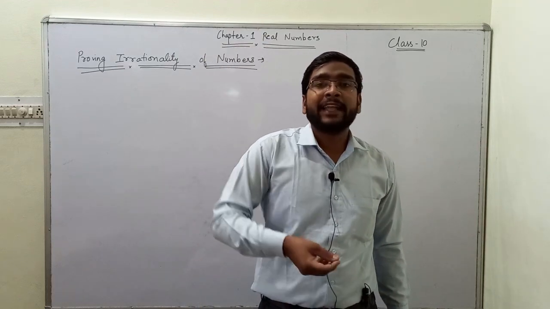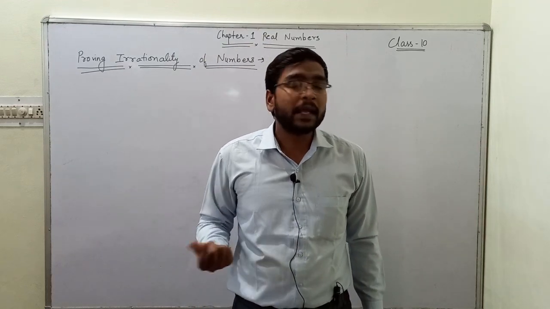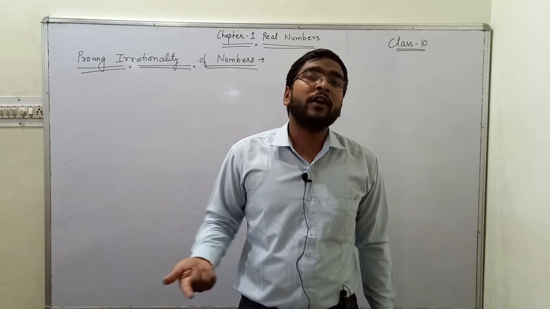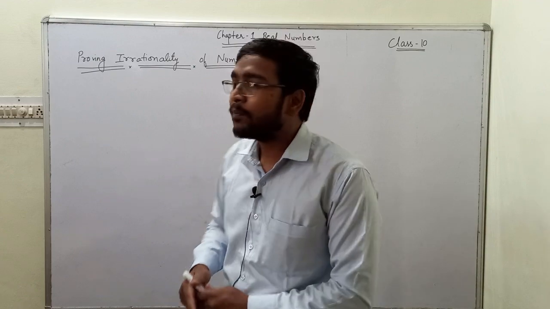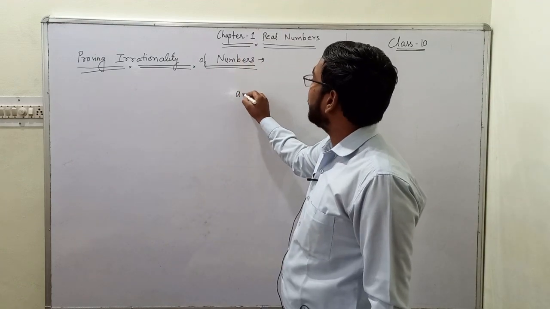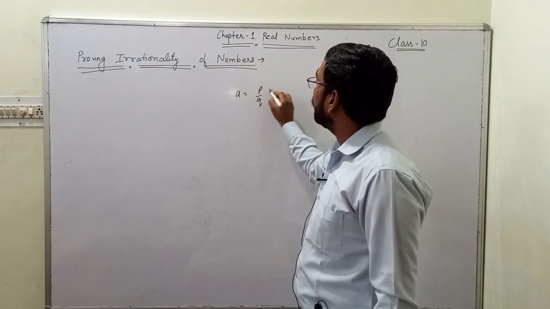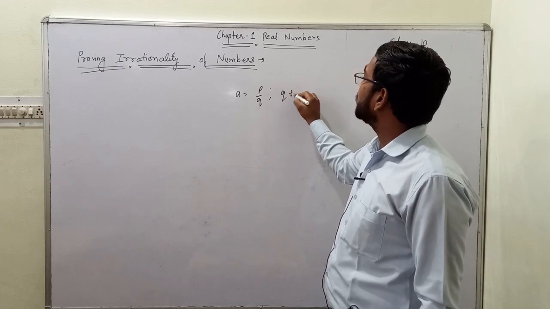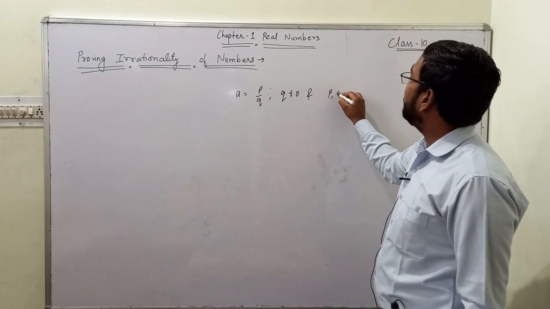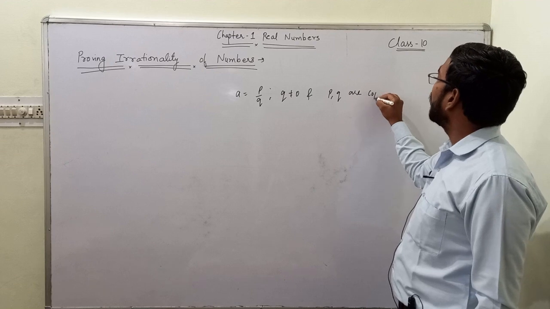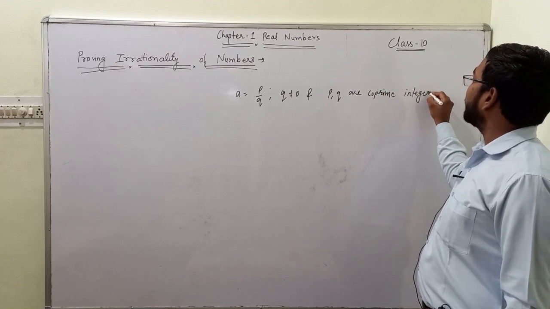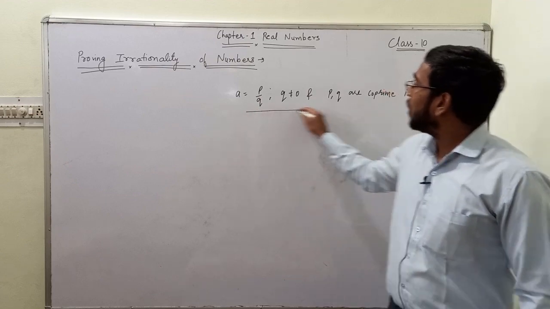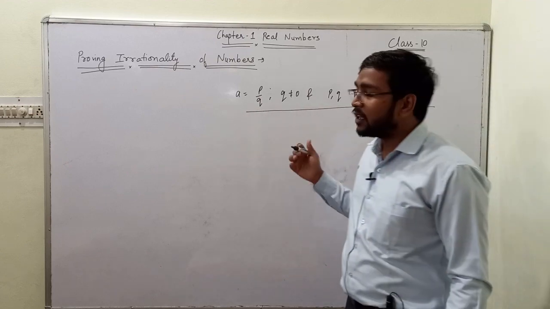What are irrational numbers? The numbers that cannot be represented in the form p upon q, where q is not equal to 0 and p, q are co-prime integers. So if I can write a number, let a, in the form p upon q, where q is not equal to 0 and p and q are co-prime integers, then we say that the given number is rational.